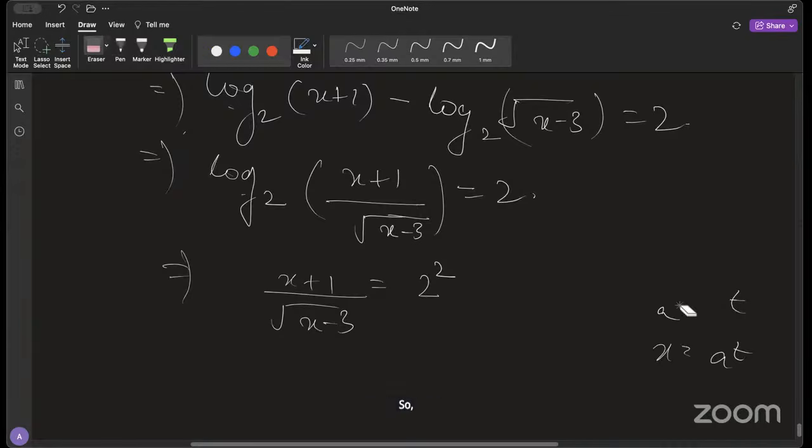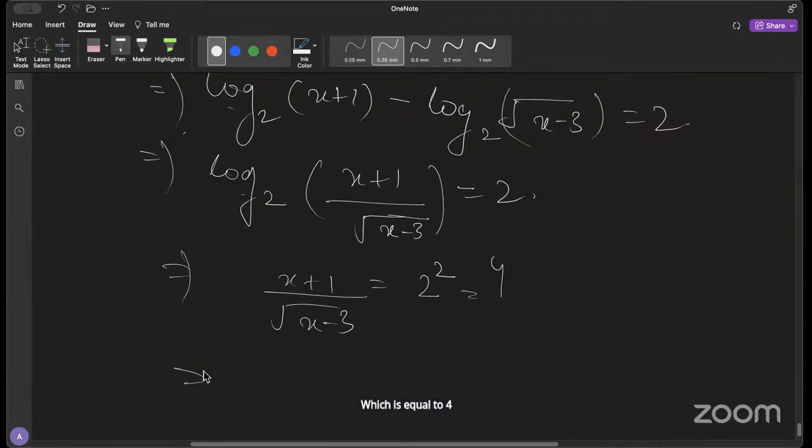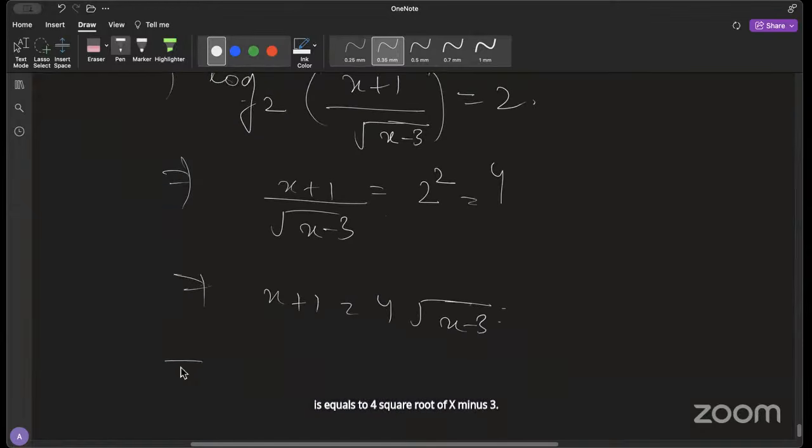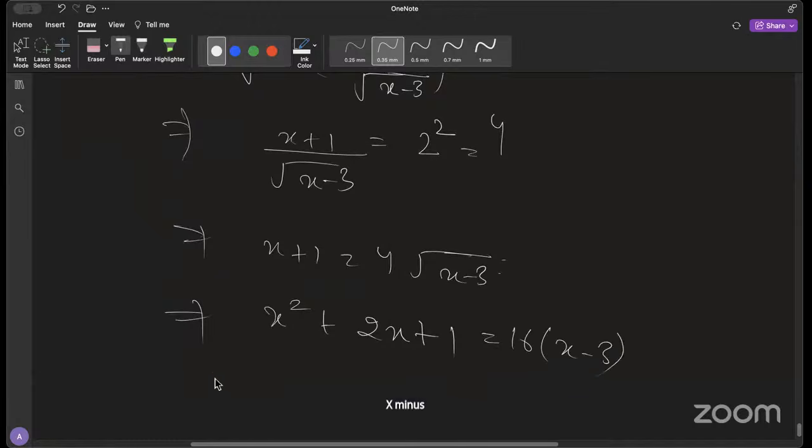So the same thing we're doing here, which is equal to 4. And then this one will become x+1 is equal to 4 times the square root of (x-3). Then you will need to square both sides to find the solution. This will be x^2 + 2x + 1. The other side will be 16(x-3).